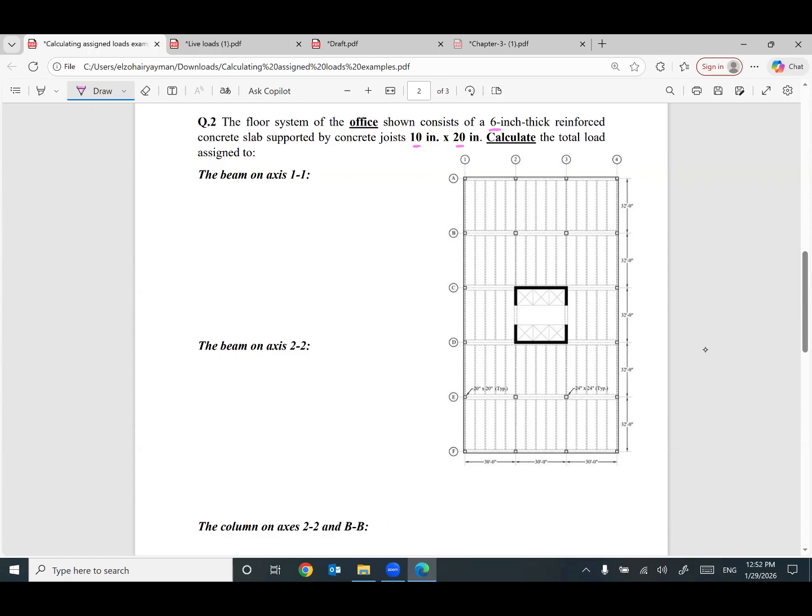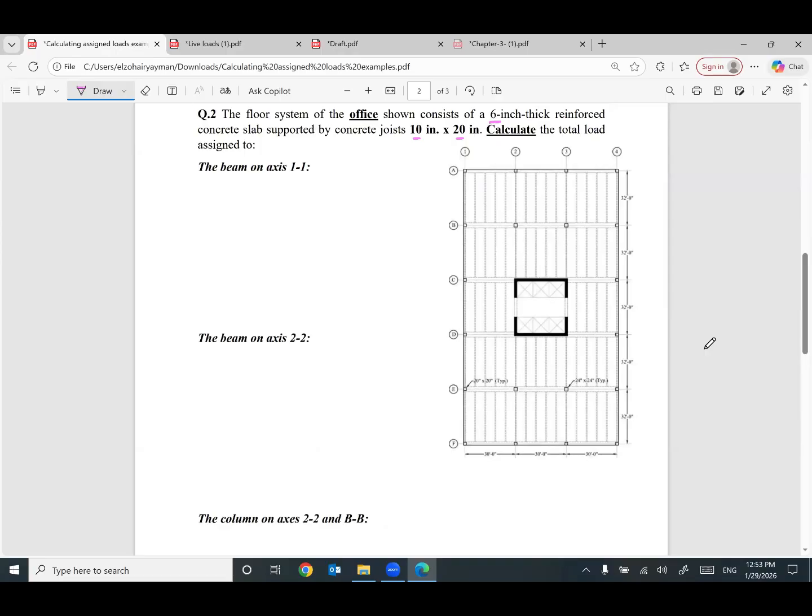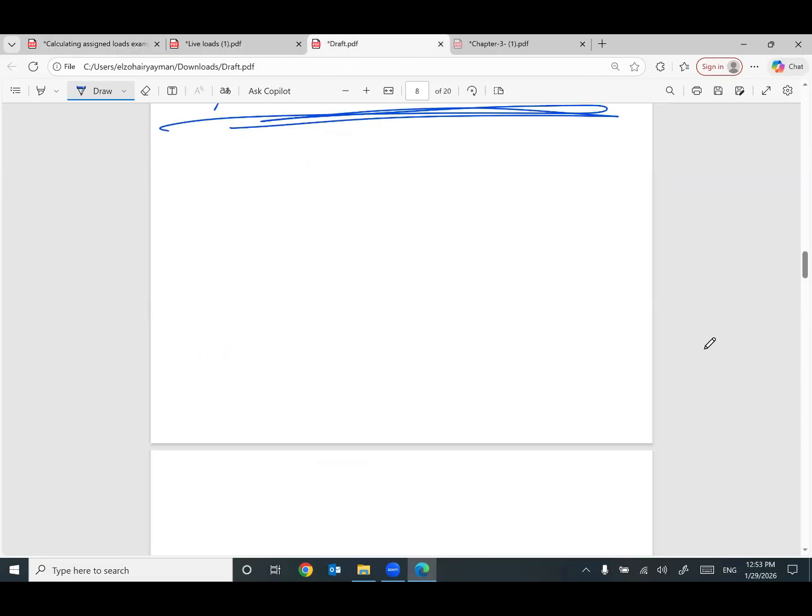We need to calculate the total load assigned to the beam on axis 1-1, the beam on axis 2-2, the column on axis 2-2, and the column on axis B-B. I will start in general.